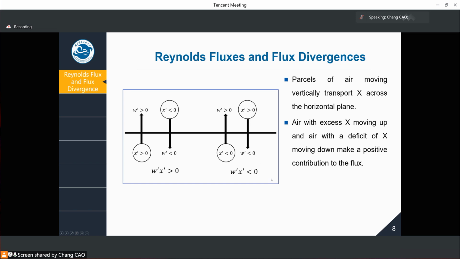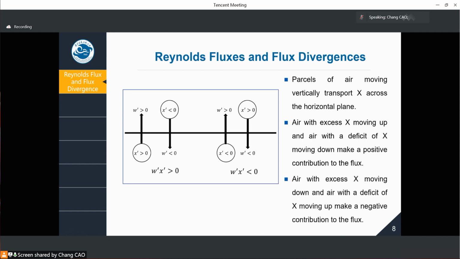So the product of W prime and X prime is smaller than 0. That means air with excess X moving down and air with a deficit of X moving up make a negative contribution, which means that W prime X prime is smaller than 0. So this is what we can get from the picture here.